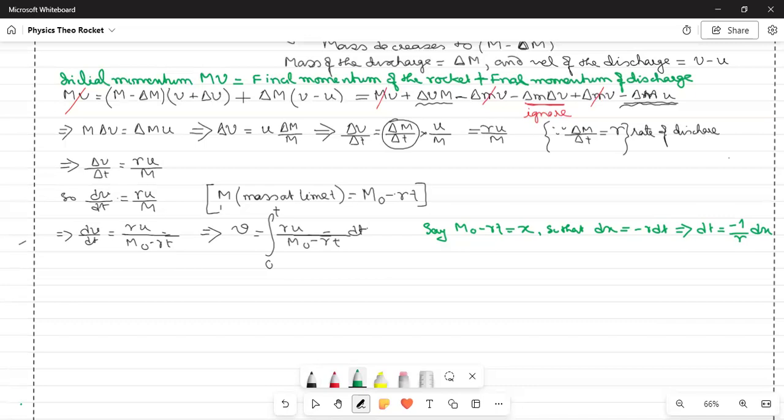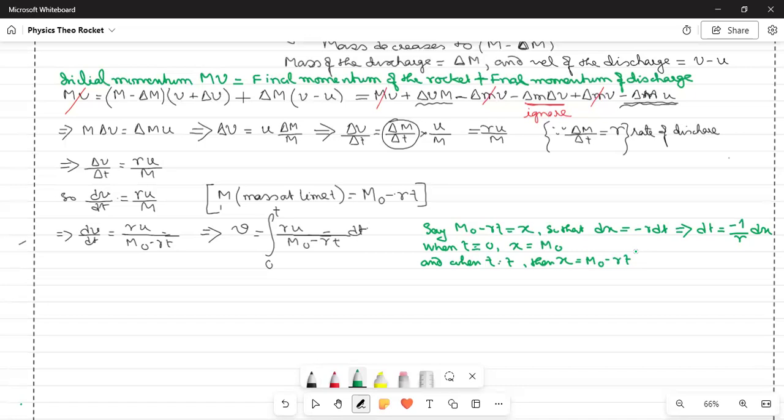Second thing, you also have to find out the limits. When t equal to 0, from this equation x equal to m0, and when t is equal to t, then x equal to m0 minus rt.